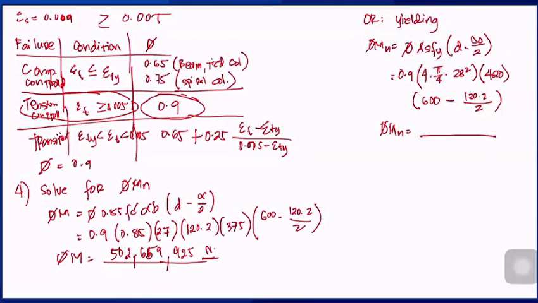Or you can divide 1,000 squared. So this is 502 kilonewton meter. 502.66 kilonewton meter.